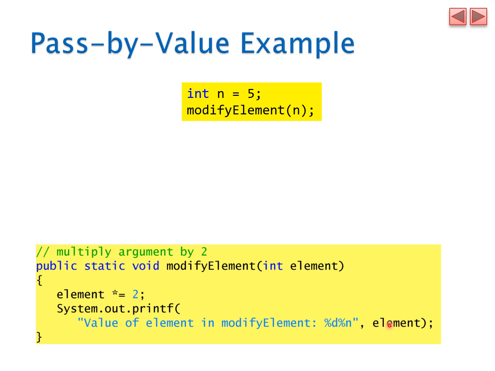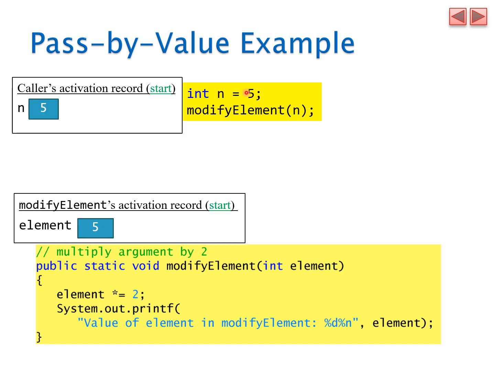Now consider a call to the modifyElement method with the argument being a variable n declared in the caller. When this method call starts, the activation record of the modifyElement method is created, which includes the memory allocation for the parameter element.